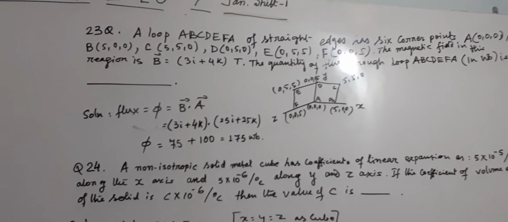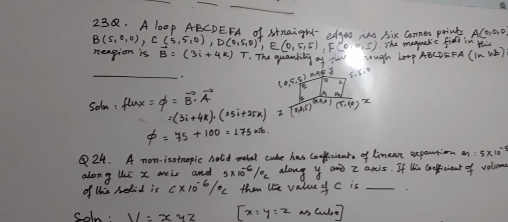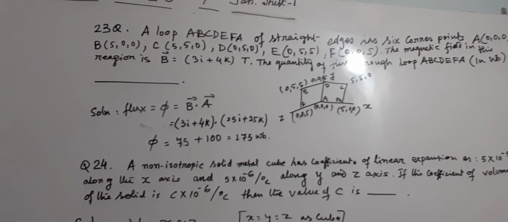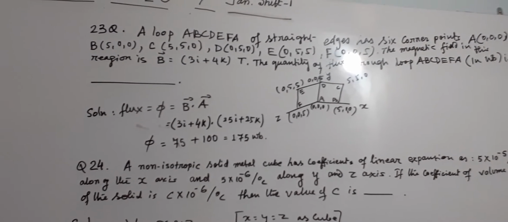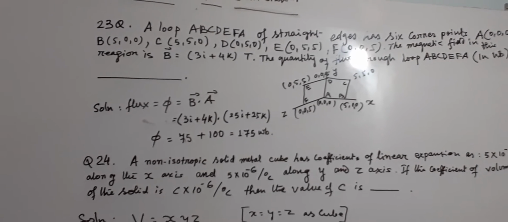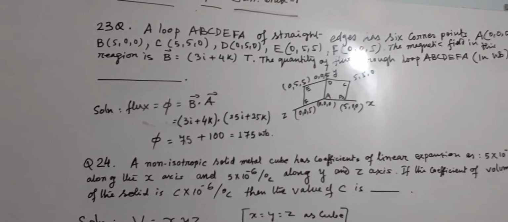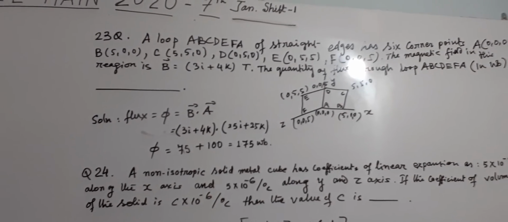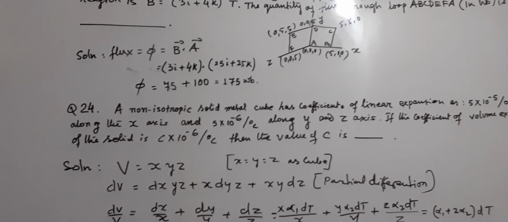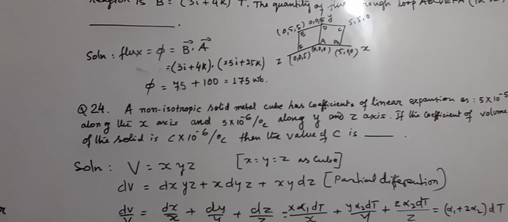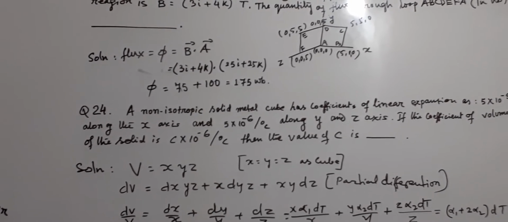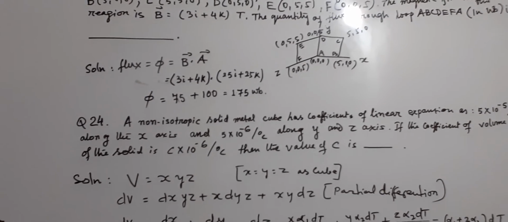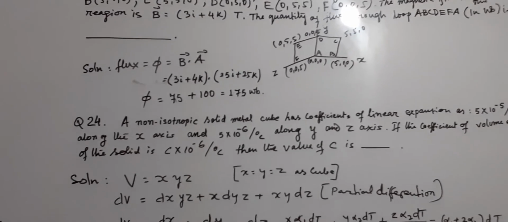For ADEF it will be along the x direction, which is perpendicular to that plane. That means 25i plus 25k is the area vector, and the field B is provided, that is 3i plus 4k. The dot product will give us 175 Weber. So, filling the blanks has to be done with 175 Weber.